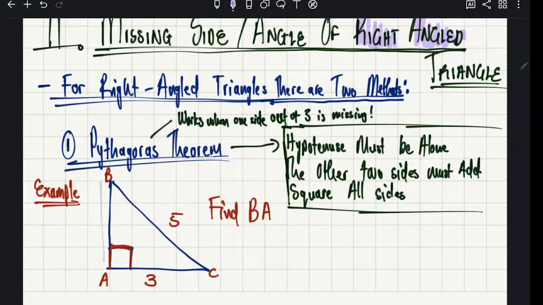Here you can see that I have this side, which is 5. I have this side, which is 3. The only one which is missing is AB. So side AB is the only side which is missing. So can I use Pythagoras? Yes. Because the triangle has a right angle and only one side is missing.